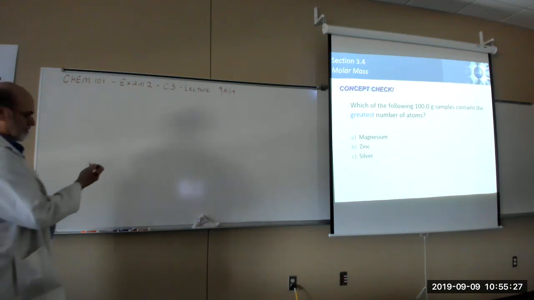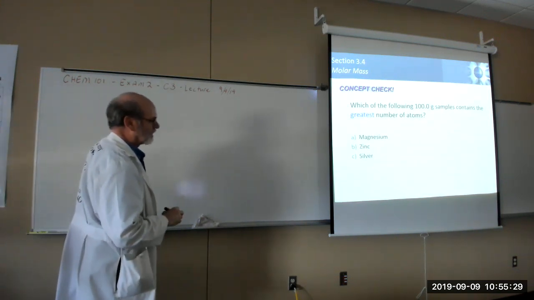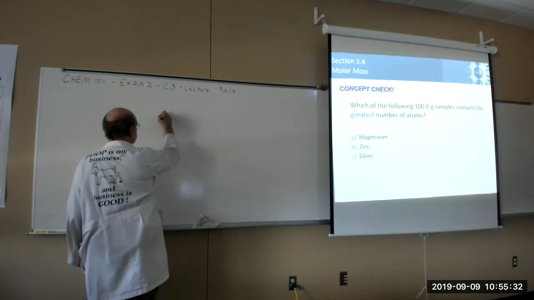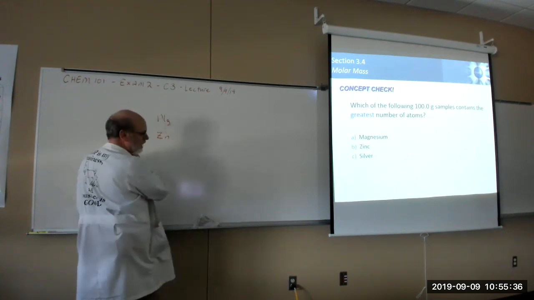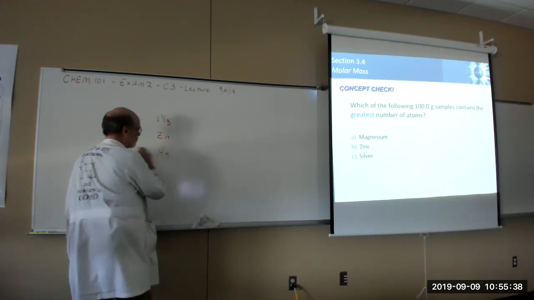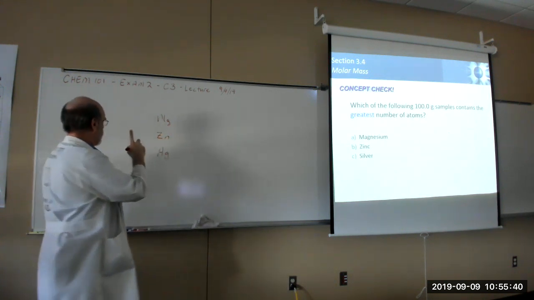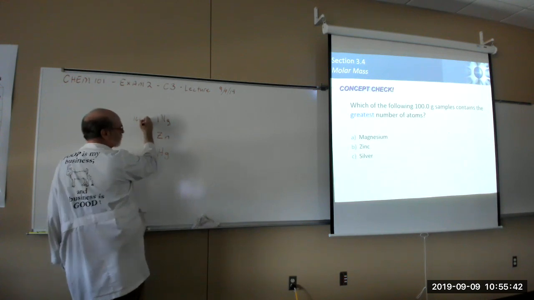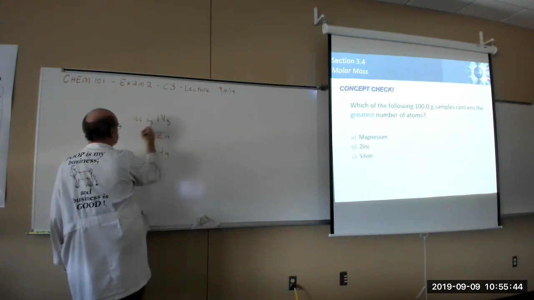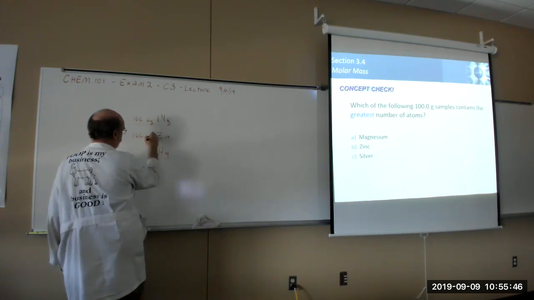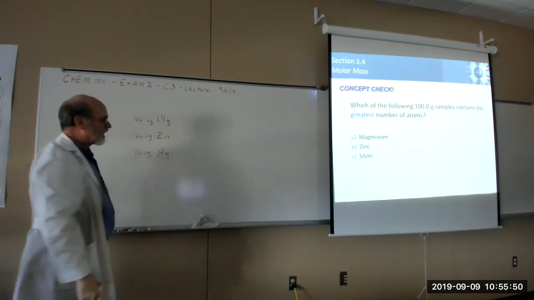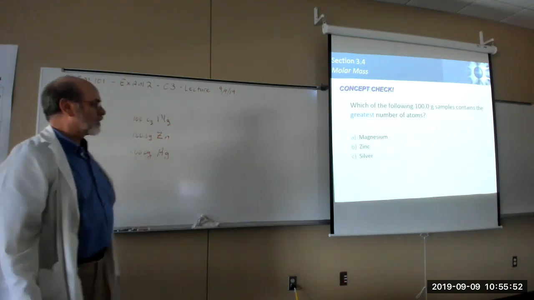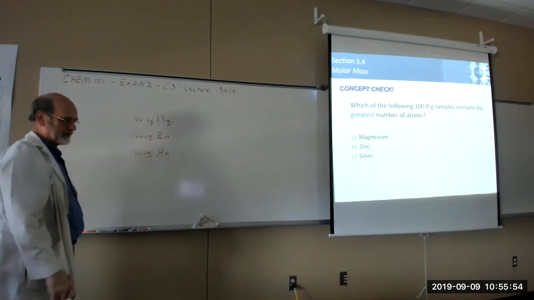Okay, let's complicate it some. So you've got magnesium and zinc and silver. Got 100 grams, same for each. 100 grams of each, right? Okay, the question is, which of the following contains the greatest number of atoms?